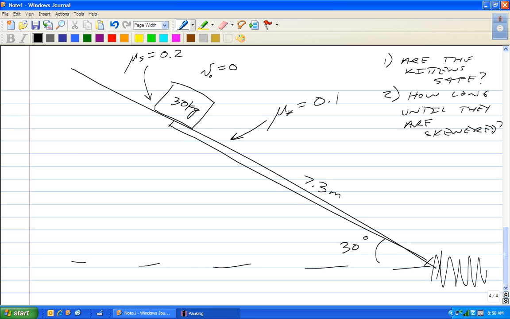But if the answer to question 1 is no, then we can answer question 2. All right, so let's see what we have here. What do I want to do first? Draw a force diagram.